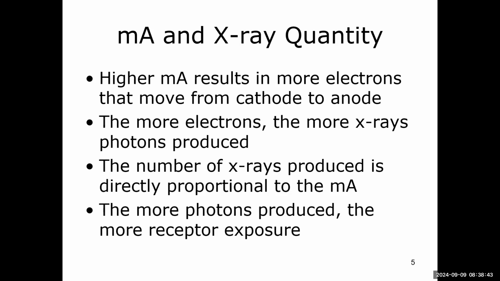So MA, the number of electrons, the number of photons, and the number of photons that reach the IR, which is receptor exposure, are all directly proportional. It's a directly proportional relationship, which means if MA increases, all of those things are going to increase proportionally.